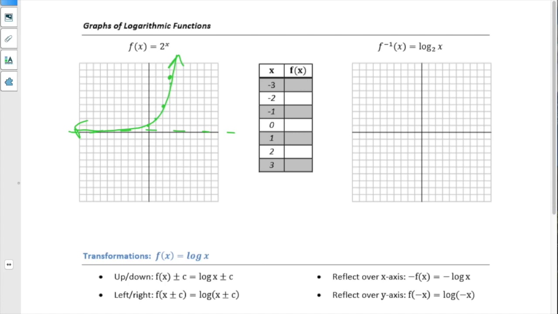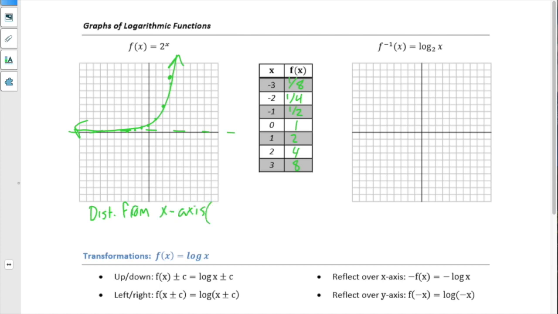And then you can go backwards, right? This point would be 1/2, 1/4, and 1/8, which is what these are talking about over here. Okay, so let me just fill these all in so that we are good to go. So when I was graphing this exponential, what I was really thinking of is I was doing distances from the x-axis.